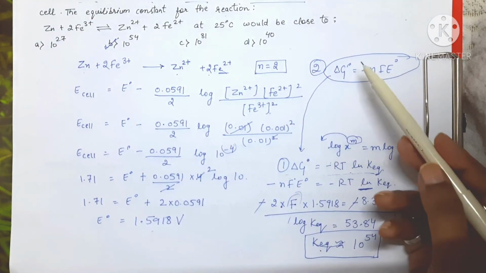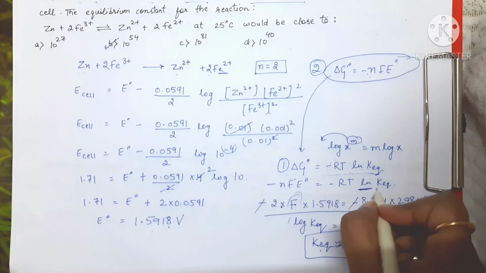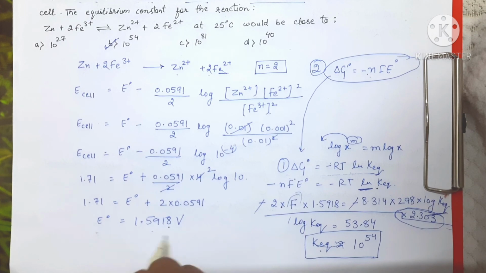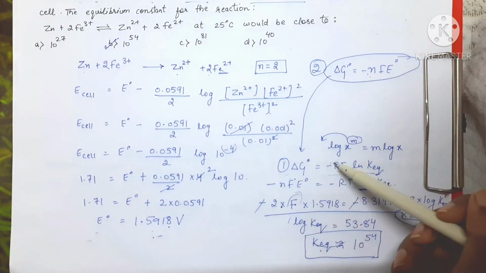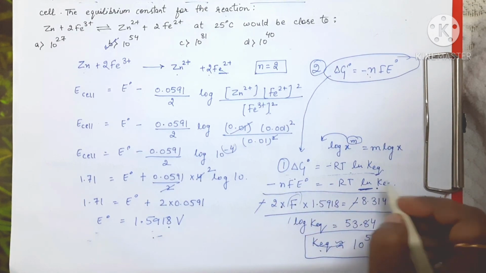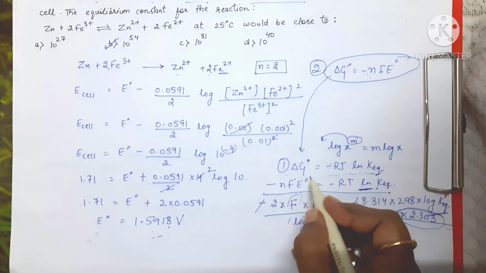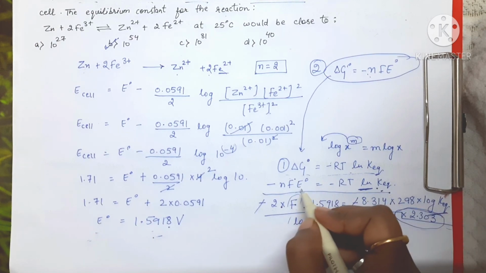Using these two relations, we derived the relation between E naught and the equilibrium constant. Why? Because we knew the value of E naught.